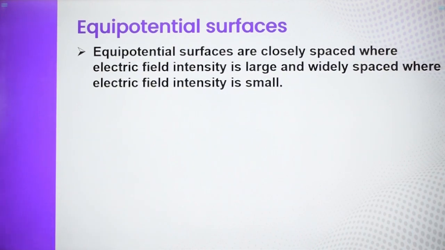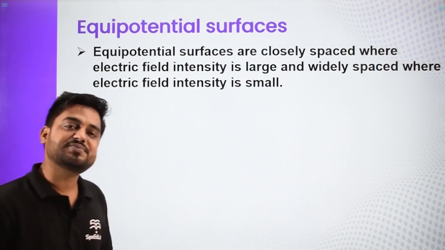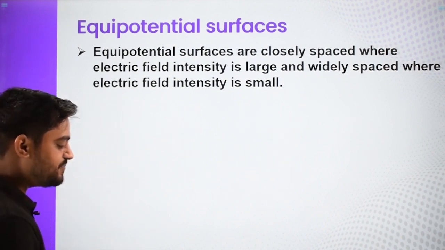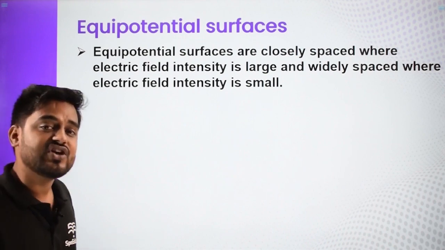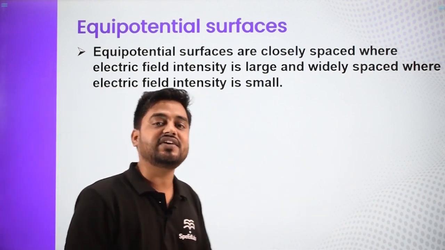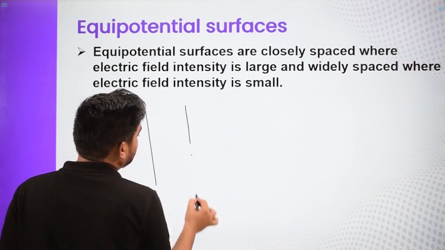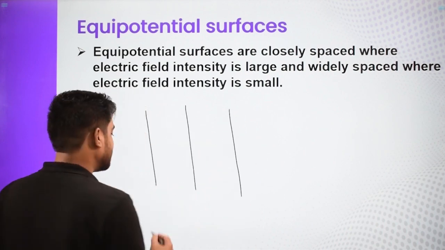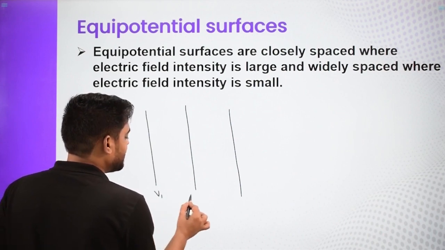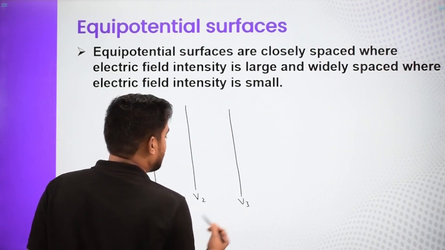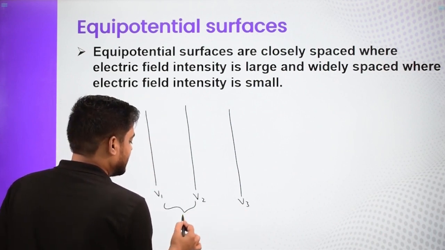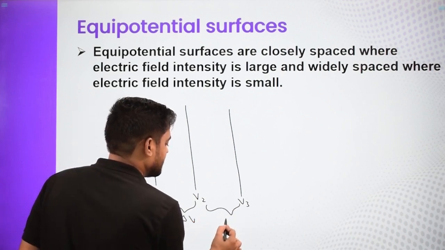Now, equipotential surfaces are closely spaced where the electric field intensity is large, and widely spaced where the electric field intensity is smaller. Why? Let's say these are equipotential surfaces V1, V2, V3, and the difference is delta V only.